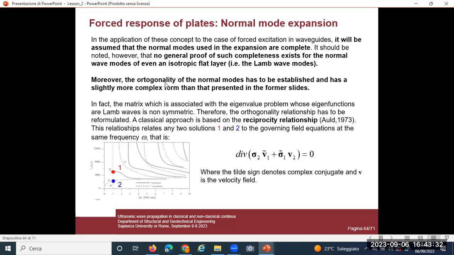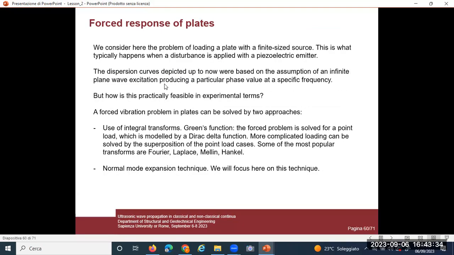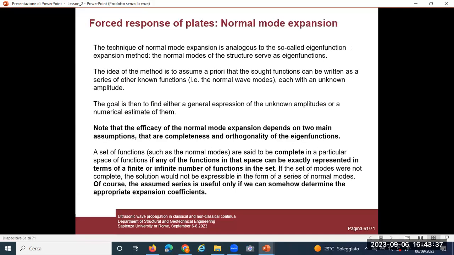The approach which is used in waveguides is pretty similar, with some differences, to what is done in beams, plates, or every object that has a boundary and where you can exploit the orthogonality of the eigenfunctions.